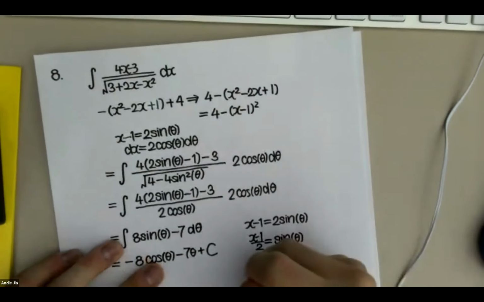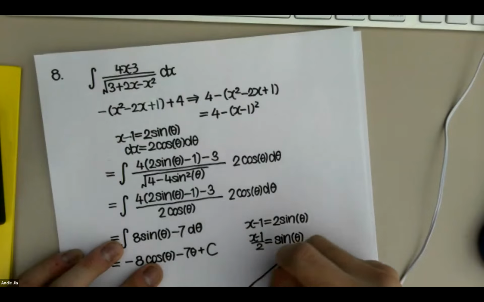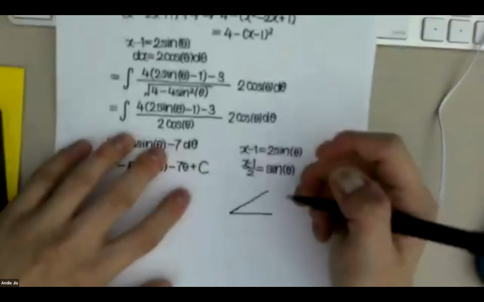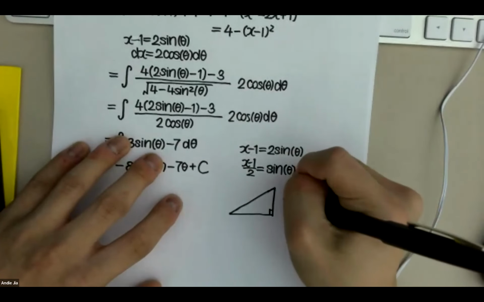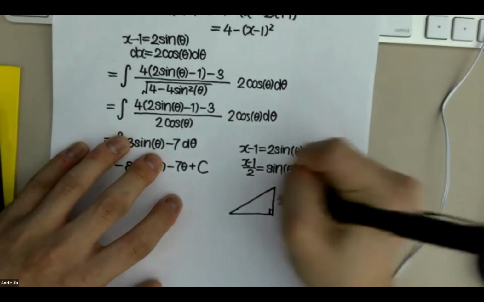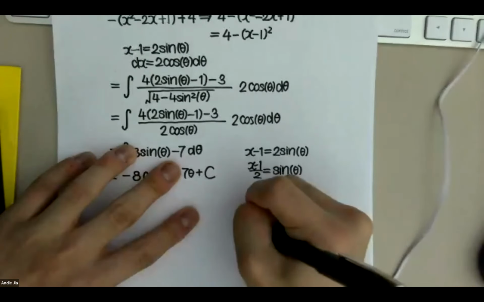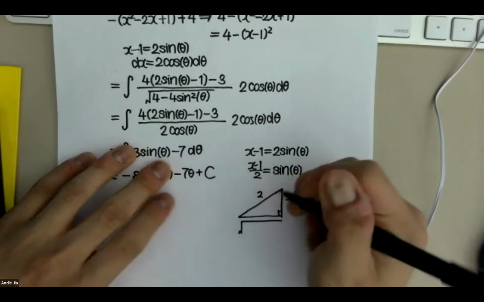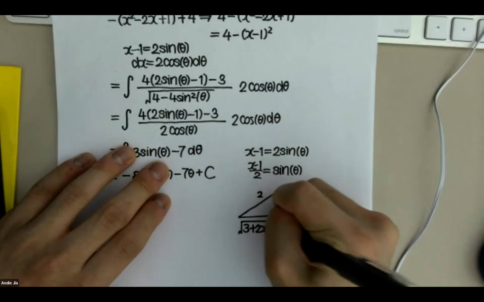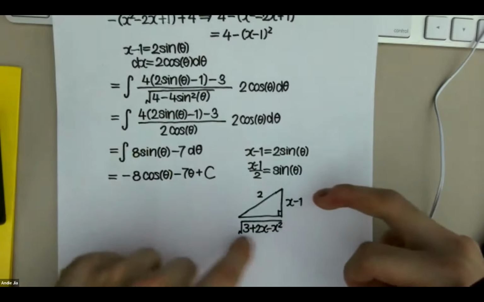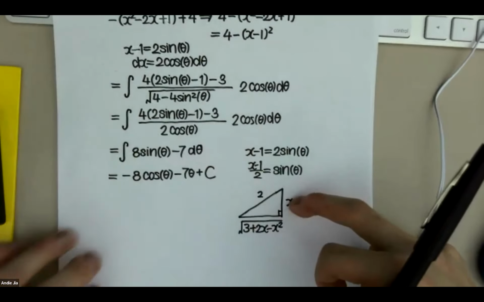And then we just show those sides in a triangle here. It's going to be x minus 1 and then 2, and then this is the bottom: the square root of 3 plus 2x minus x squared. Then cosine of theta is this over this.